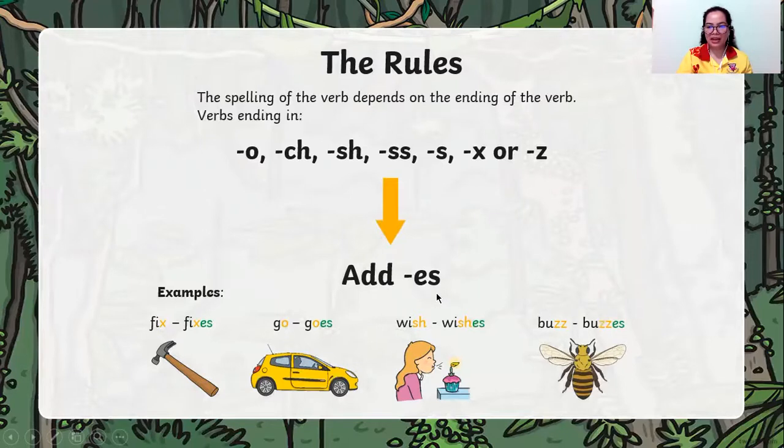You are going to add ES for the words that end with O, CH, SH, SS, S, X, or Z. For example, if our verb fix ends with letter X, therefore we are going to add ES. So fix becomes fixes.